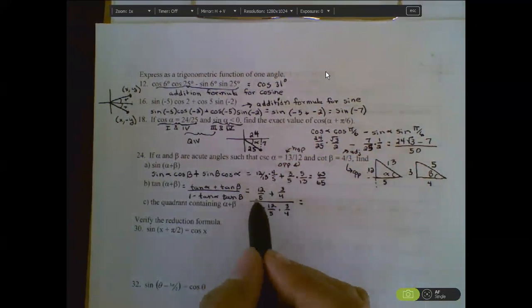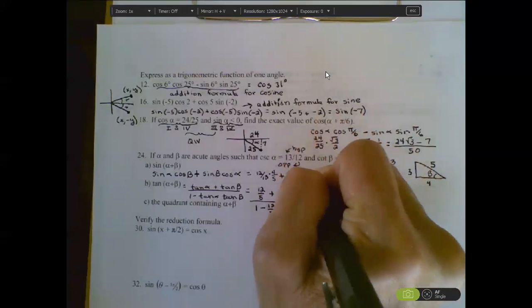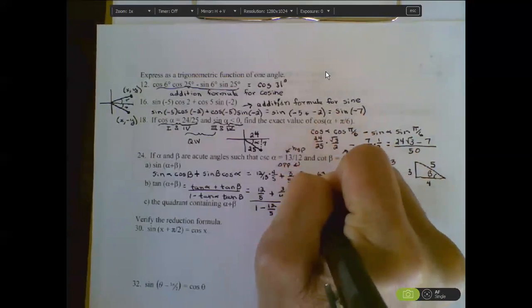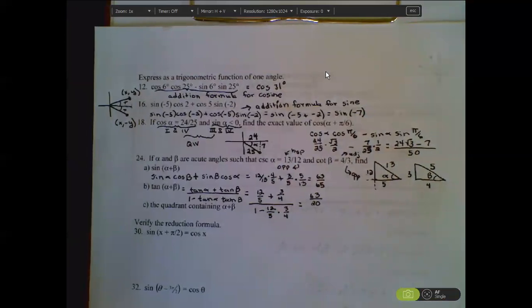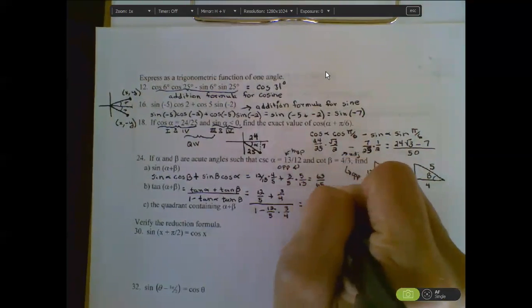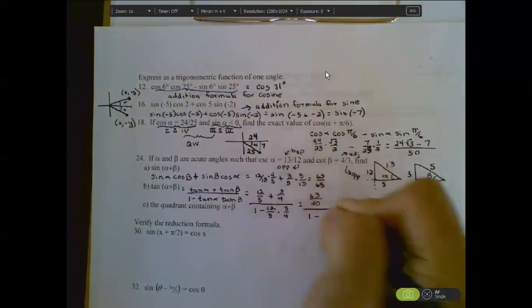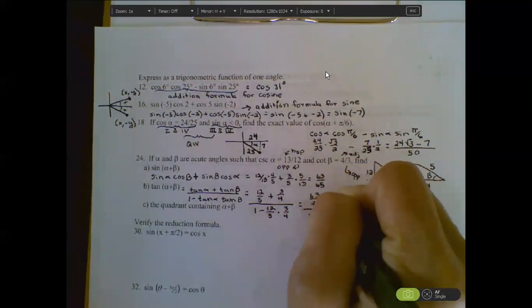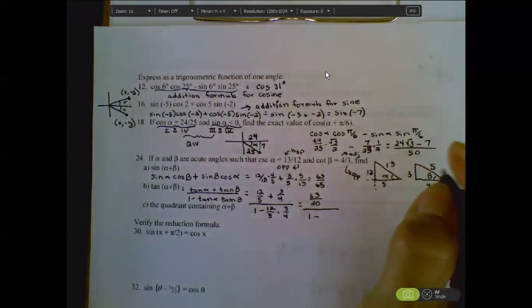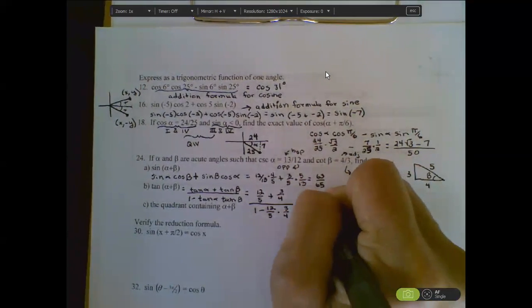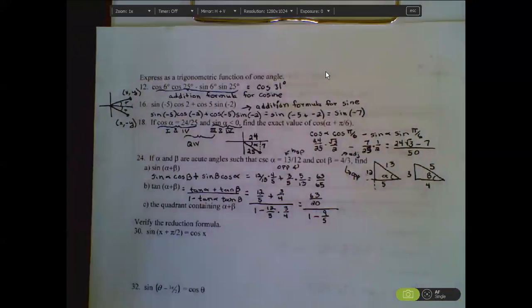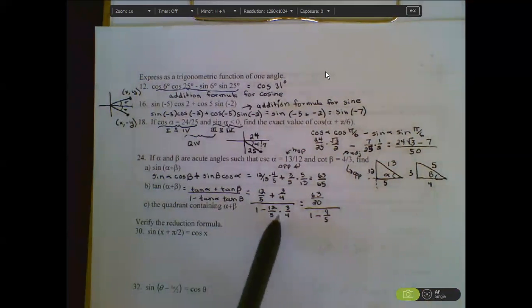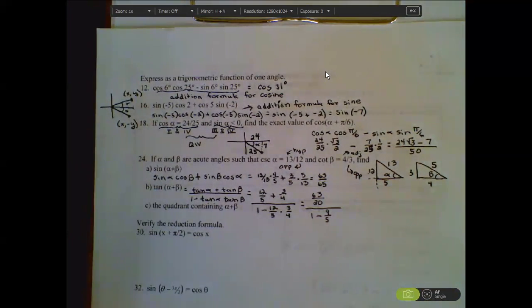That would be 48 and 15 is 63/20 over 1 minus 36/20 would reduce to 18/10, would reduce to 9/5. Double check that. 48 and 15 is 63. 63 over 20 divided by 4 is 9/5. Yes.